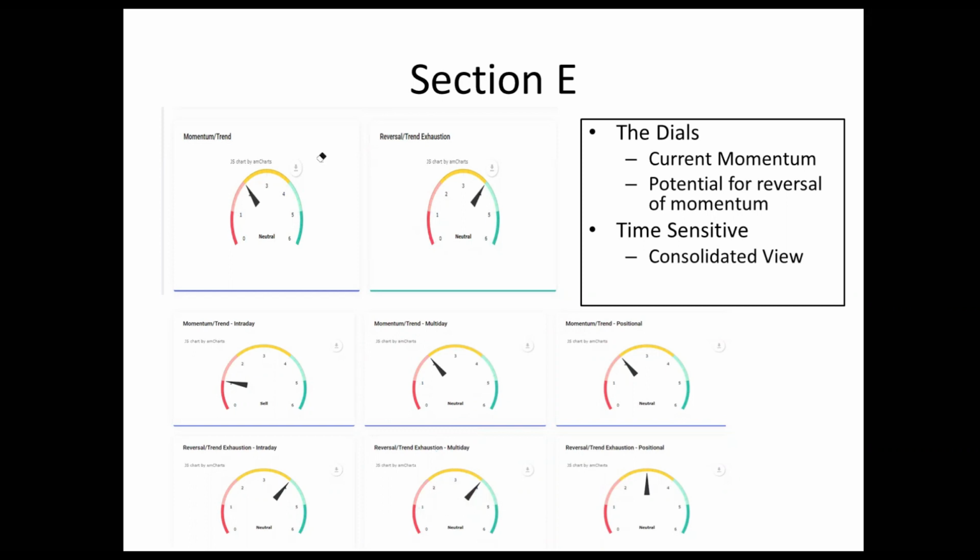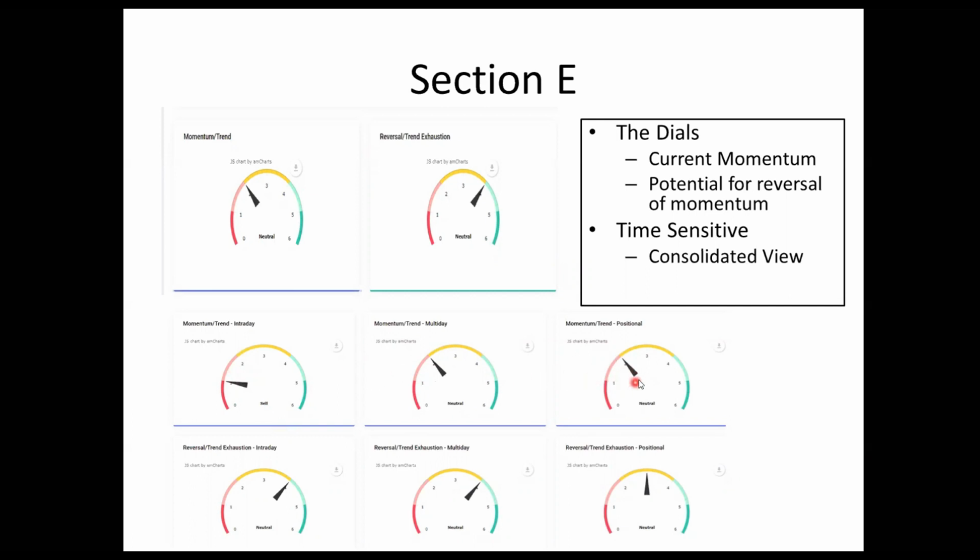So momentum is definitely getting to the overdone area, which we also saw in the momentum indicators. Now as these dials go towards this end, it will tell you that there is a possibility of reversal. So you can see that intraday and multi-day are now on the verge of getting into the area where it might indicate to us some reversal of momentum, but that is still not the case as far as the positional is concerned.